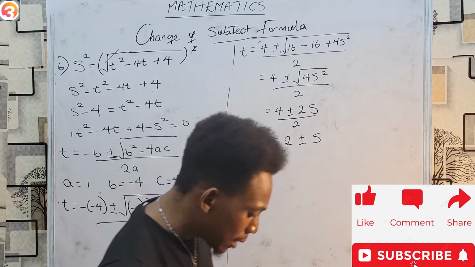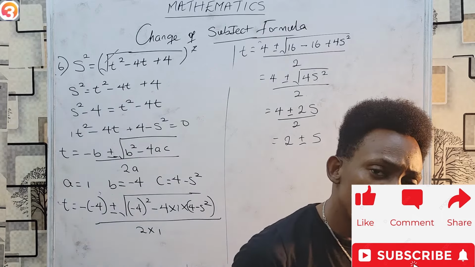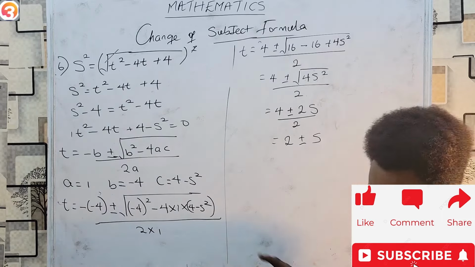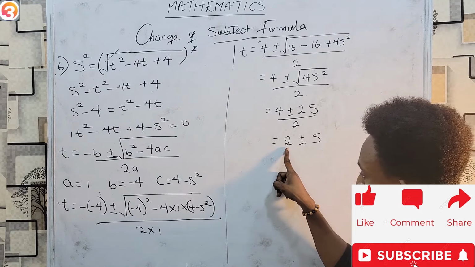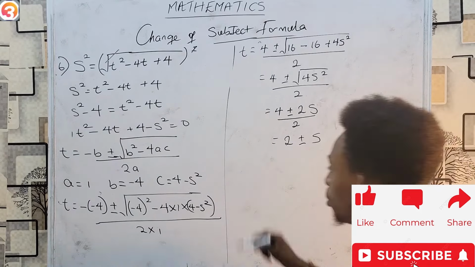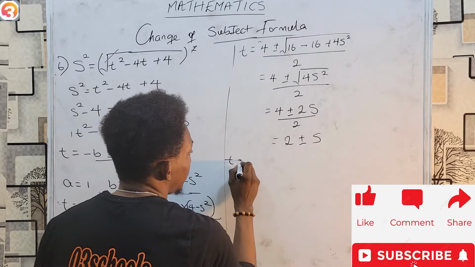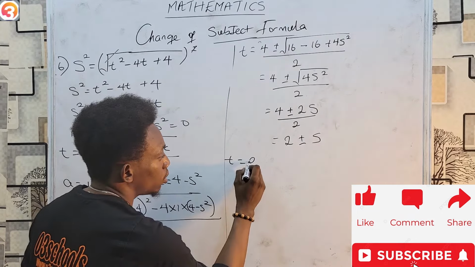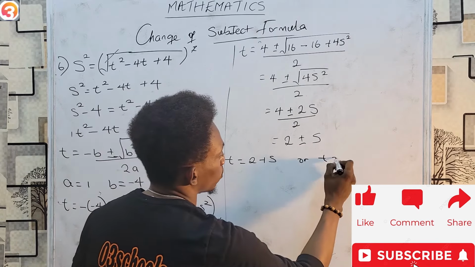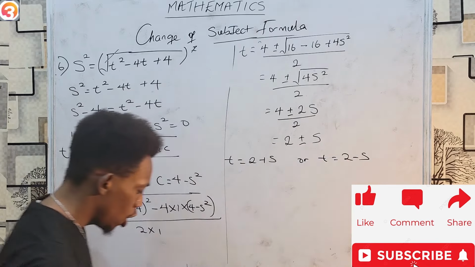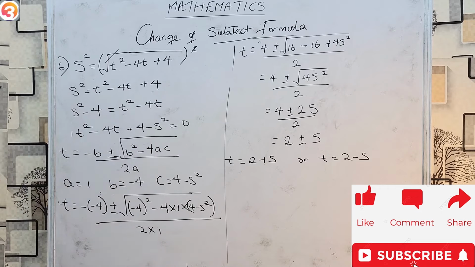Now you may realize that that is not in my options, right? Here's where you have to now be sensible. My 2 is definitely positive. That means if I'm to use this plus or minus, I should be having that my answer is t either equal to 2 plus s or t equal to 2 minus s. But in my options, s came first.